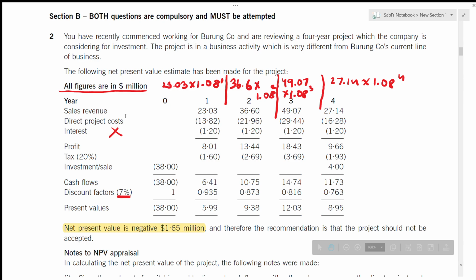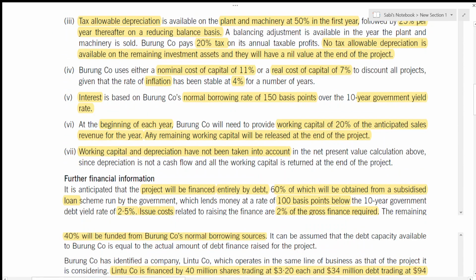That will be your profit. But now you also have to deduct your tax allowable depreciation before you can calculate tax. Now for tax allowable depreciation, you need to do some working. Let me take you to the answer now and show you, and you can see whether your sales revenue and the rest is correct or not.